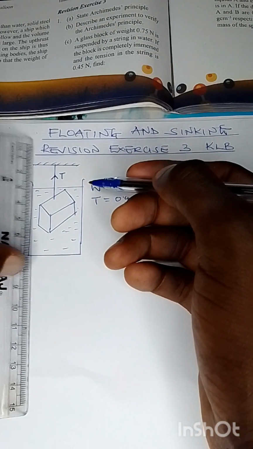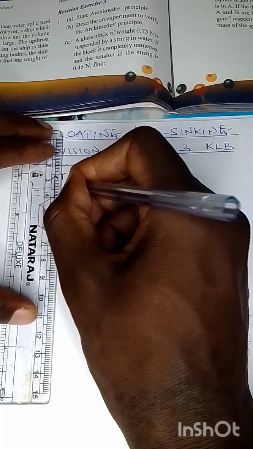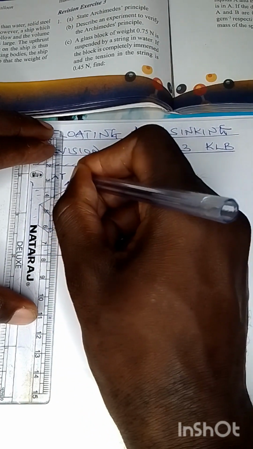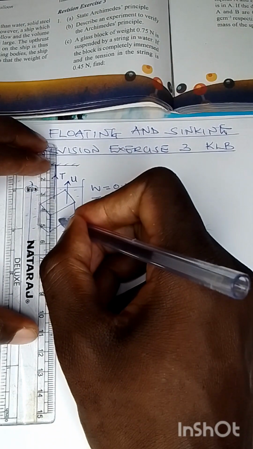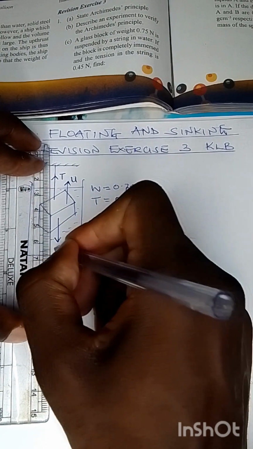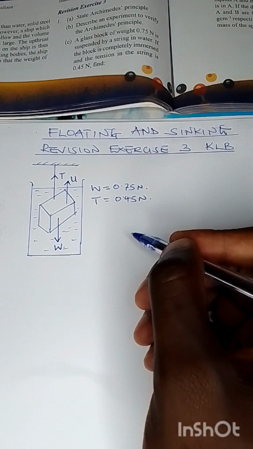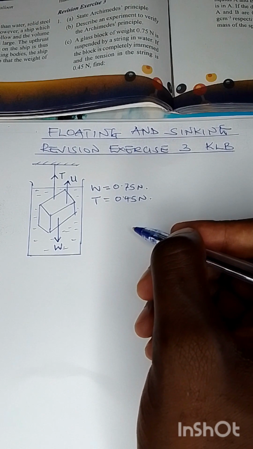Okay. The first question was to get the upthrust. Before I get to that question, I want to indicate the forces acting on this immersed block. Because the block is immersed, it is experiencing another upward force called upthrust. Upthrust acting upwards. There is also a downward force, which is the weight of this block, W. So when you look at these three forces, that is the tension, upthrust, and the weight, these forces are balancing.